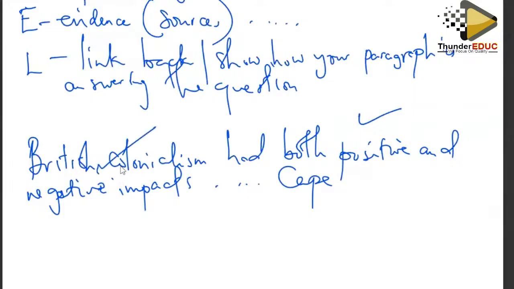Then you explain. You are now explaining independently, not taking from the sources. If you take an idea from the source, you rephrase it into your own words and you present the argument. Why are you saying it brought positive impacts? And why are you saying it brought negative impacts? You explain, like on slaves, how were they impacted? They were treated harshly before the coming of the British.